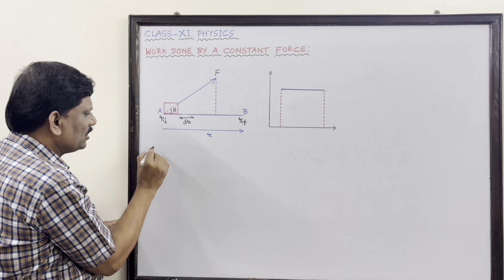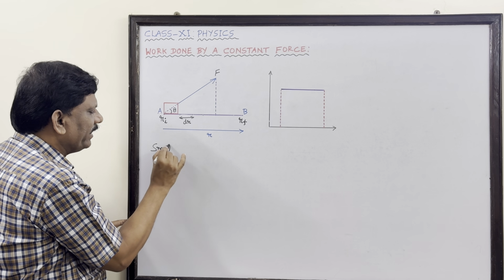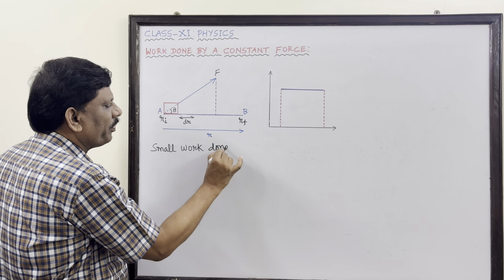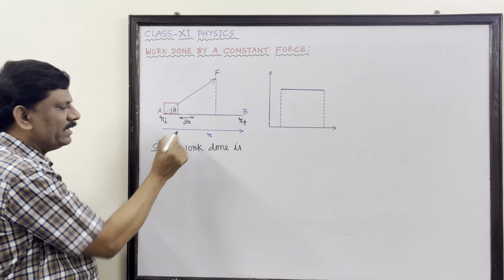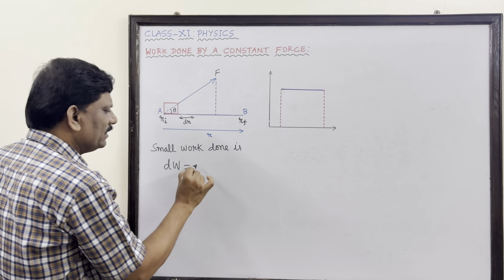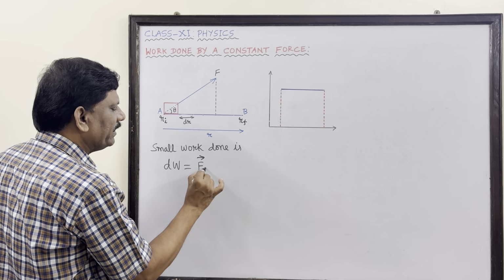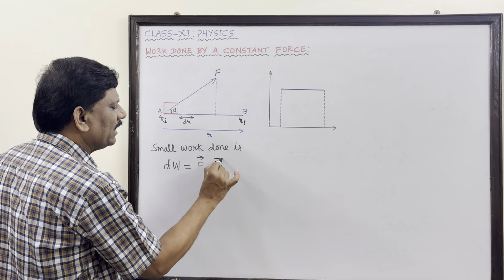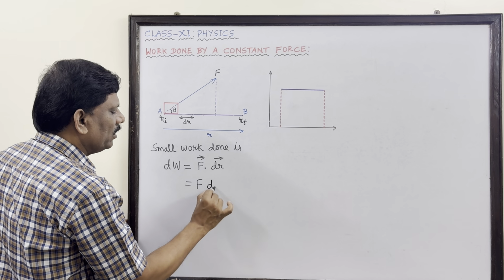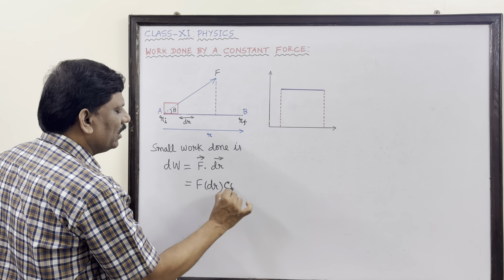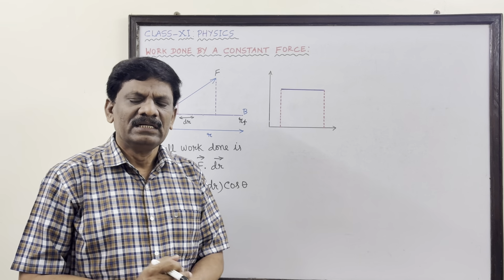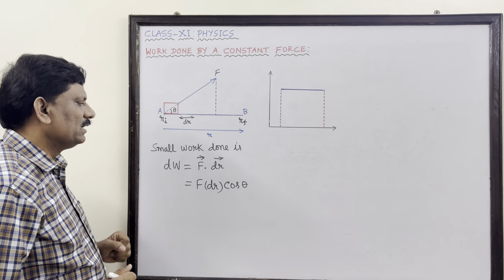So for that, first we will find out an expression for the small work done for a displacement dr. So this is denoted as dW and this is equal to force vector F dot displacement vector dr. So this is equal to F into dr into cos of the angle between the two vectors. This is the vector definition of work done.